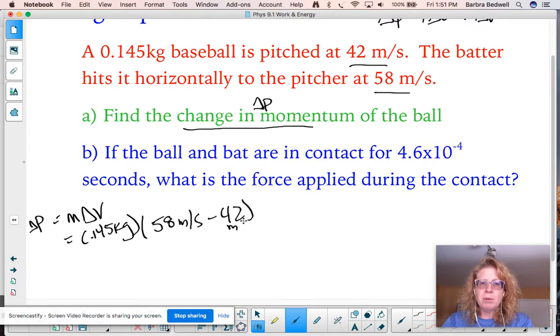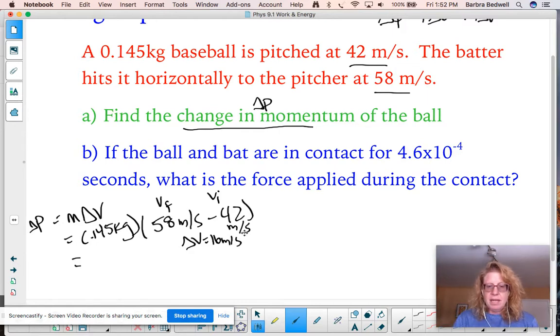Meters per second. We've got a little bit of a problem here, so I'm going to point this out. Here's vf, and here's vi. Our initial velocity was 42, and our final velocity was 58. If you did the problem this way, you're actually pretty close. Our change in velocity, 58 minus 42, vf minus vi, would be delta v equals 16 meters per second.